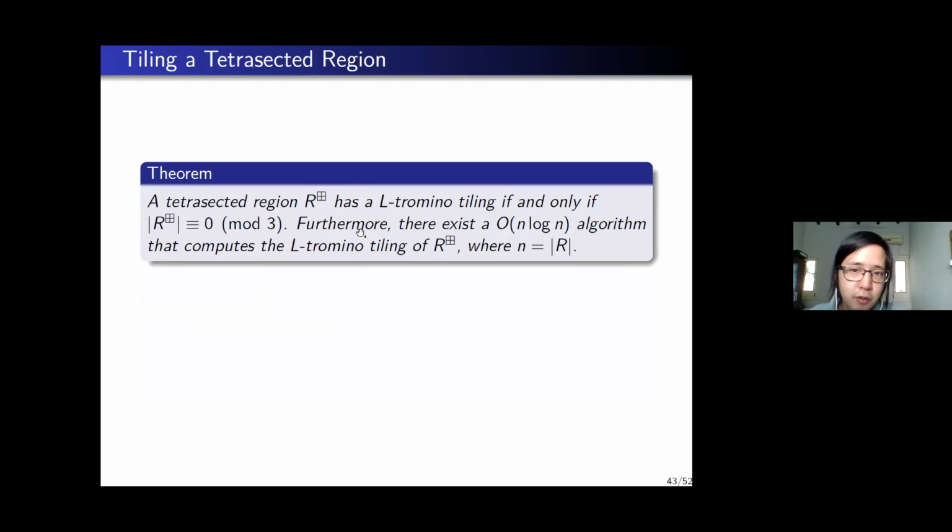And furthermore, we found an N log N algorithm that computes the L-tromino tiling of the tetrasected region.